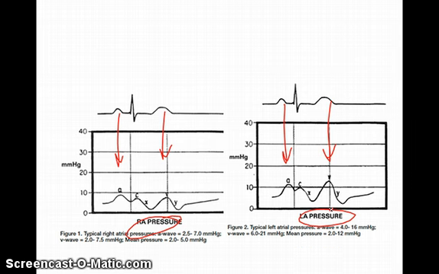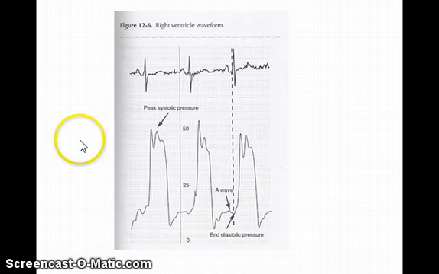You can tell that this wave is less pressure than this one, and that's really the only way you can tell. You have to have them side by side, and it has to be on a scale. But I just wanted to demonstrate another example of atrial pressure, so you get used to looking at it.